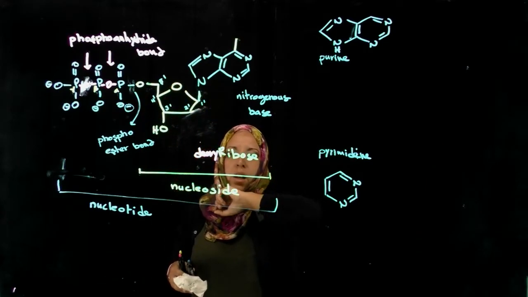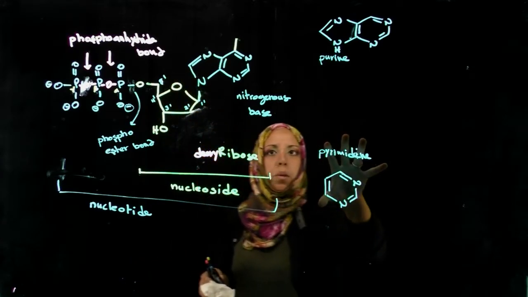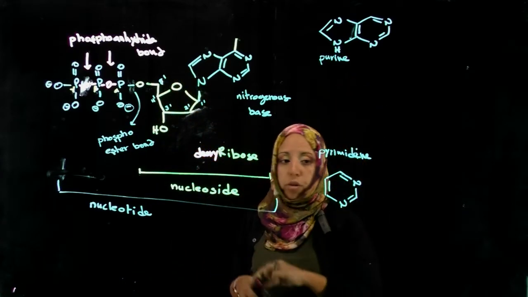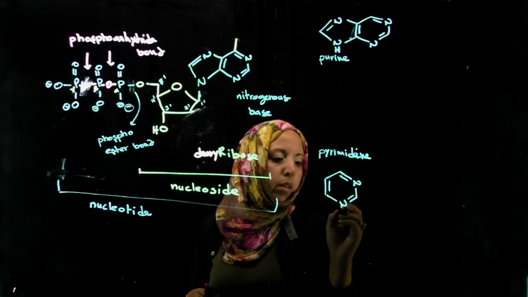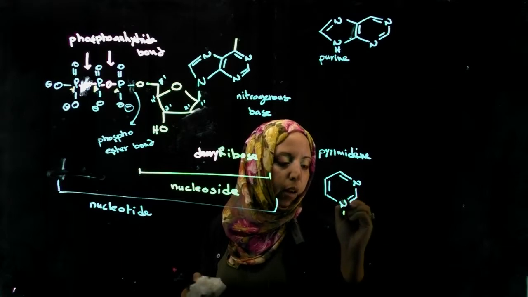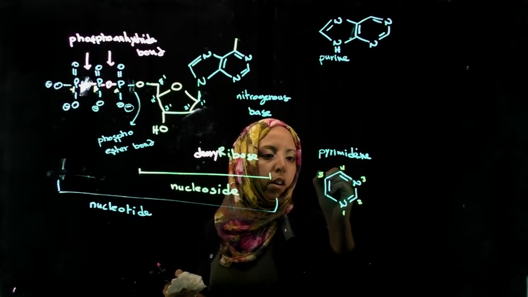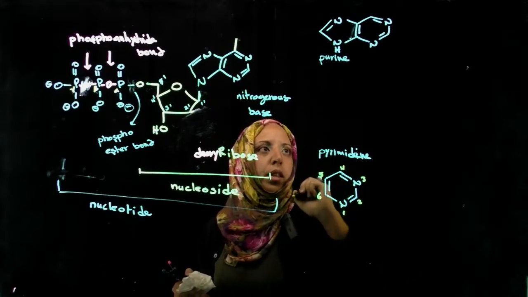So we number the sugar using the prime, really, because when we number the nitrogenous bases, we don't use the prime, right? So this is really carbon 1, the first atom, nitrogen 1, 2, 3, 4, 5, and 6 for pyrimidine.